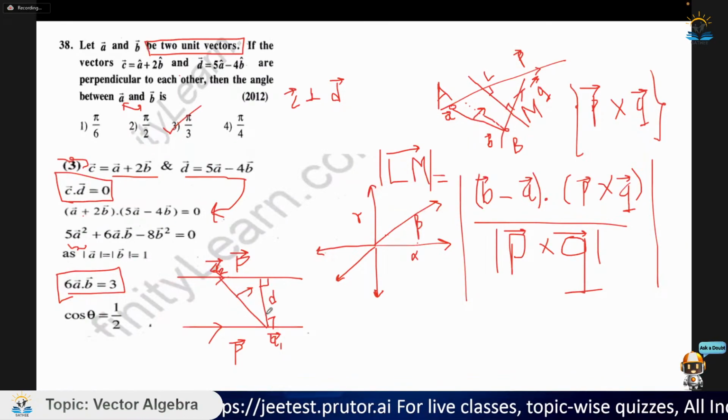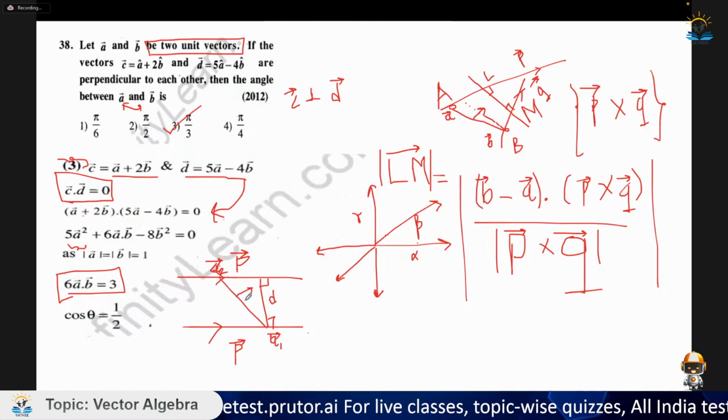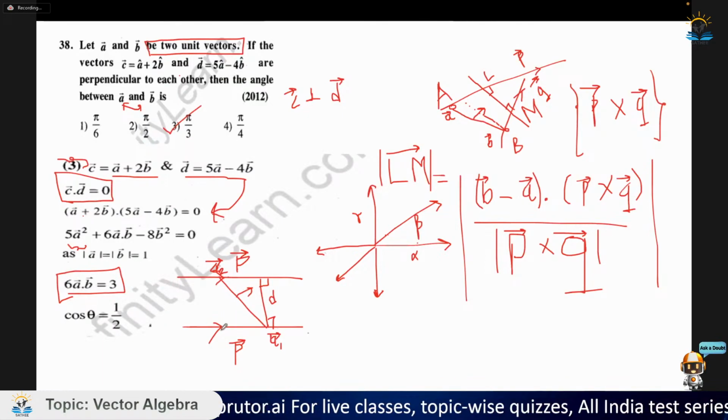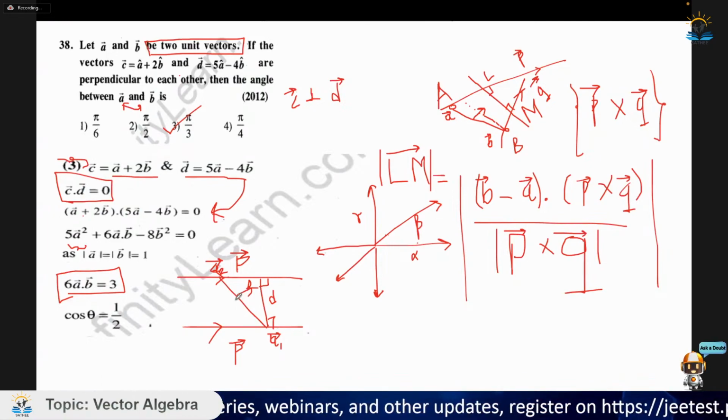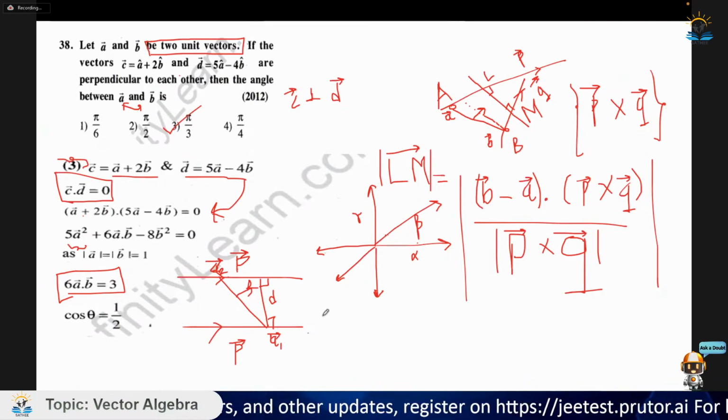Okay, so let's say we want to calculate this value, then this is also 90 degree. Considering the projection of this vector on this vector, how can we write this?